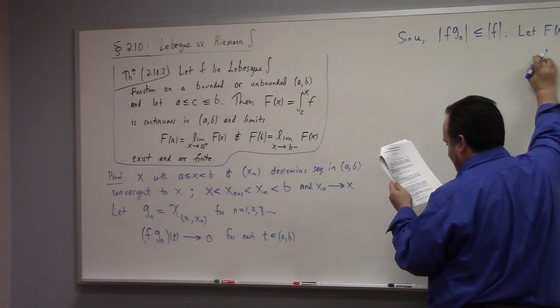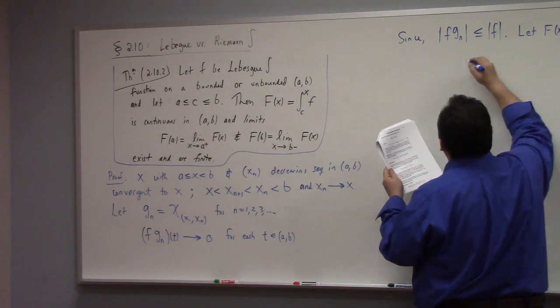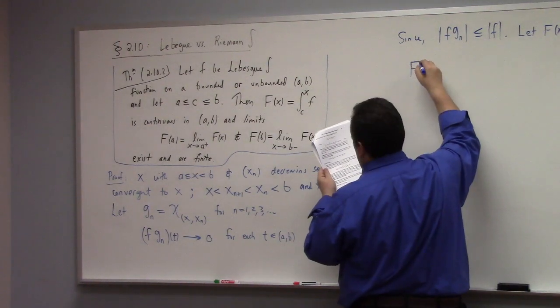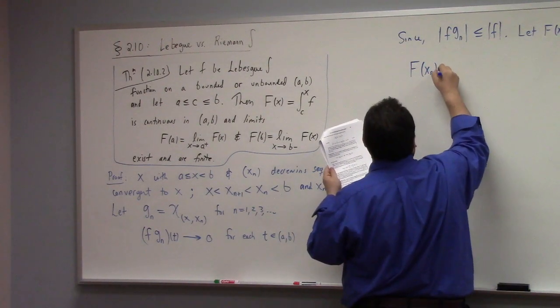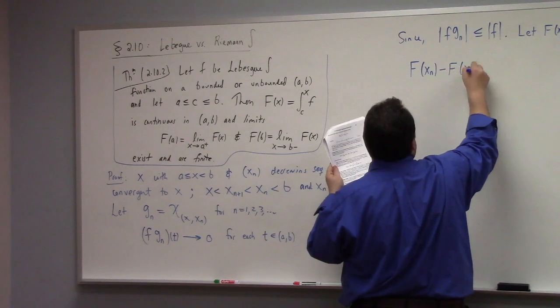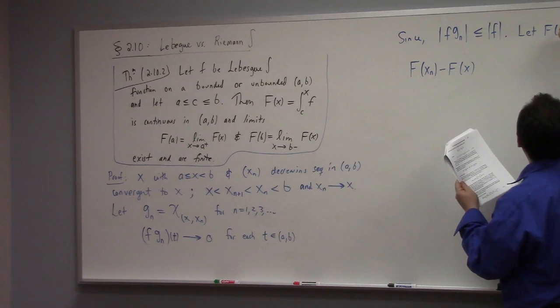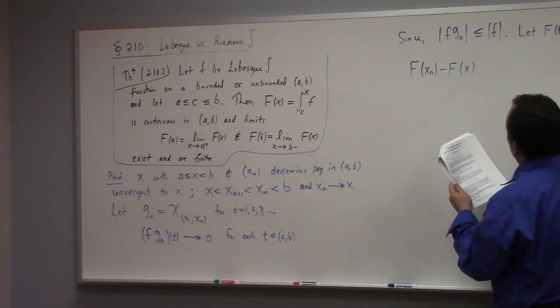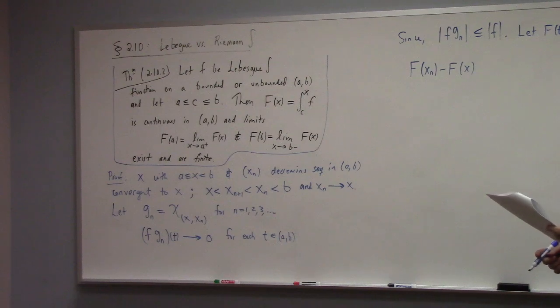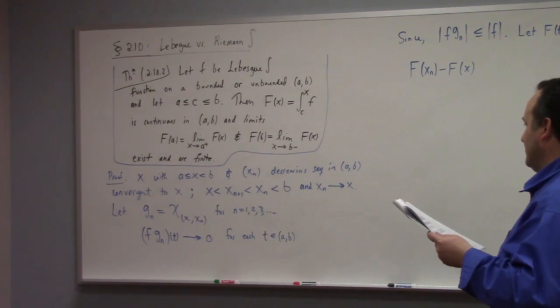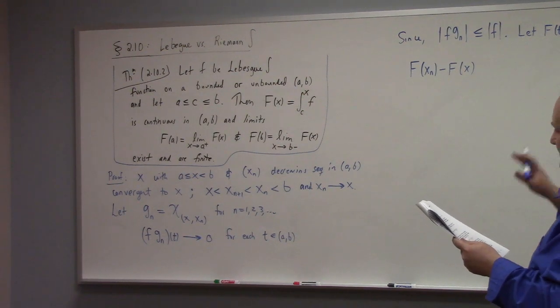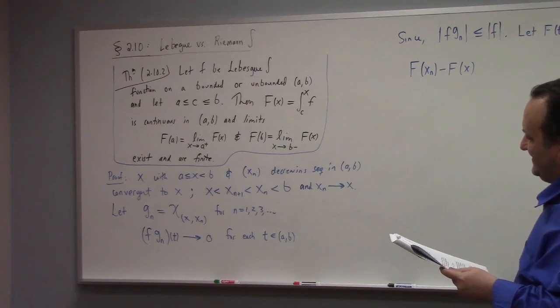All right, so then we can look at big F of x_n minus big F of x. I guess technically I should use a different variable, let me use a t here, just because I still feel like that x was fixed in the other argument. I'm still debating whether or not that x is still fixed.